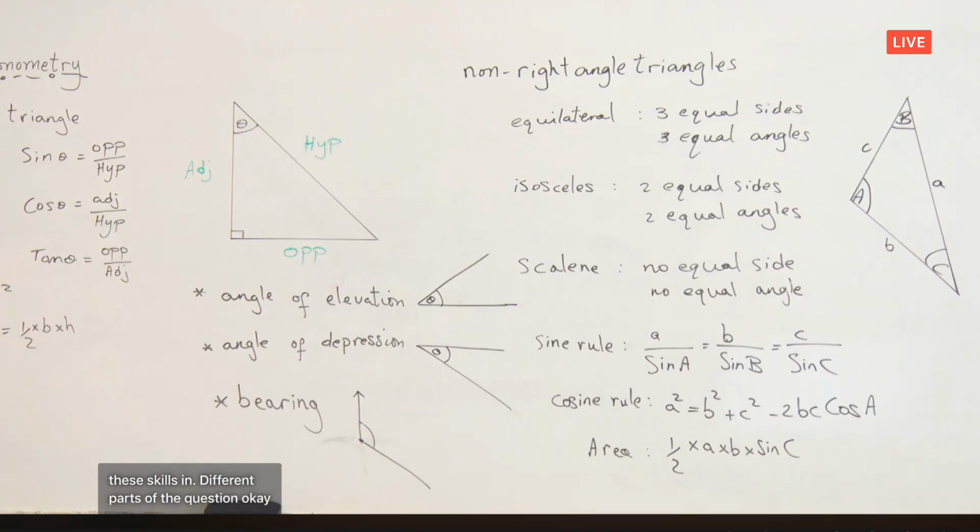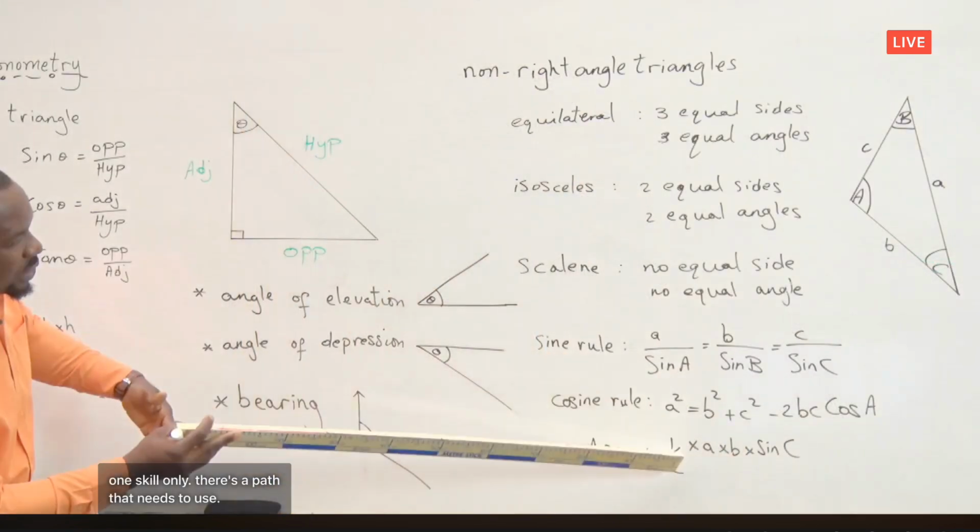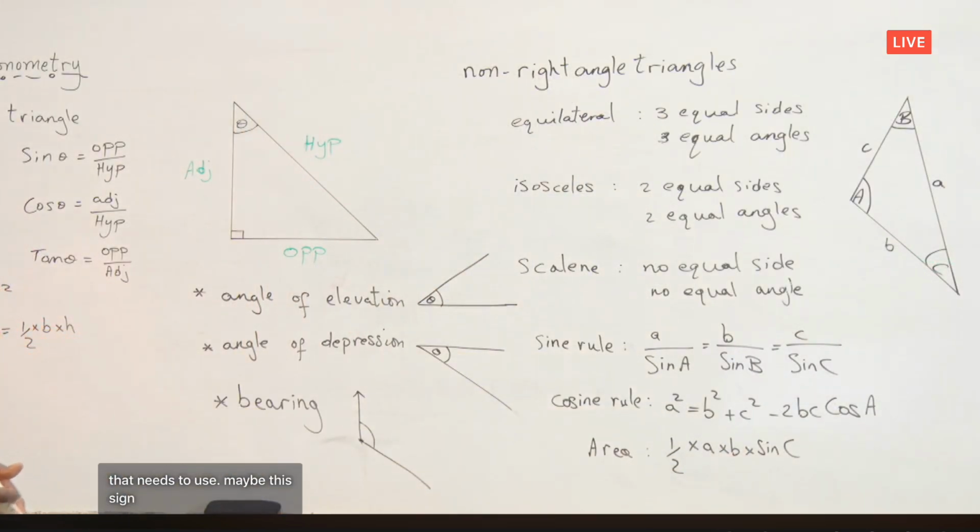Okay? Because most of the questions, they don't touch one skill and one skill only. There is a part that needs to use maybe these rules, sine rule and cosine rule, and there is another part that maybe uses these angles of elevation and angles of depression. So you need to have a good understanding of each of the different components.